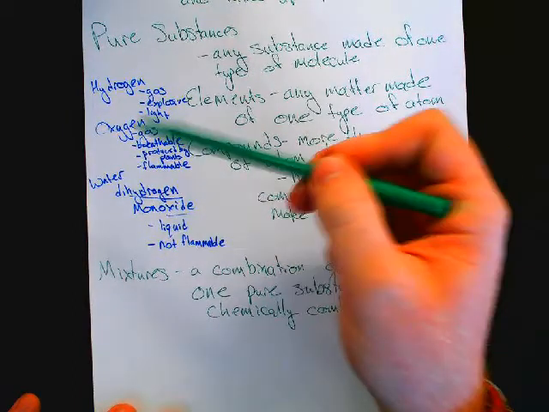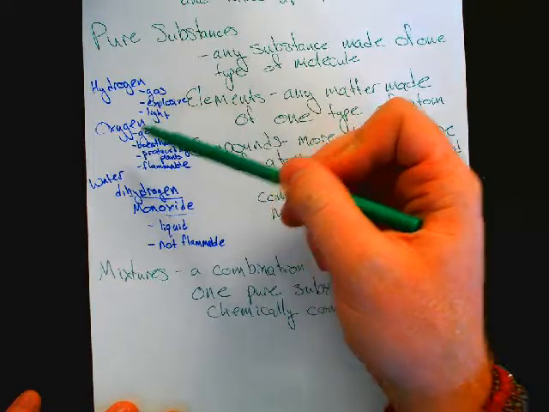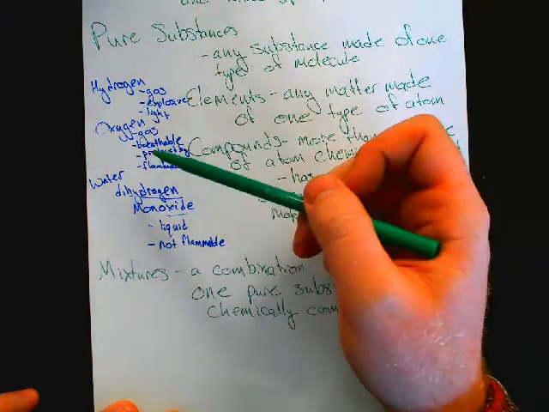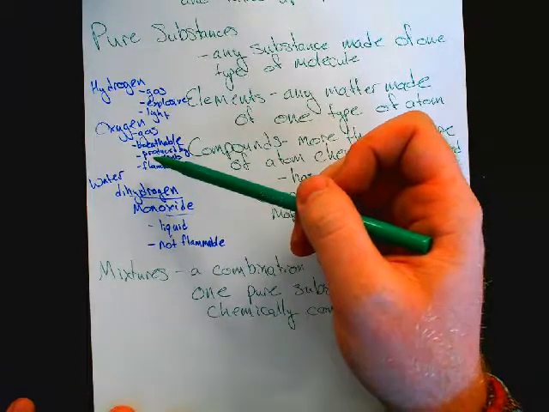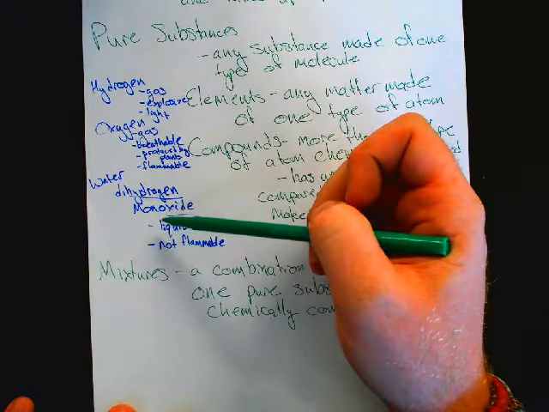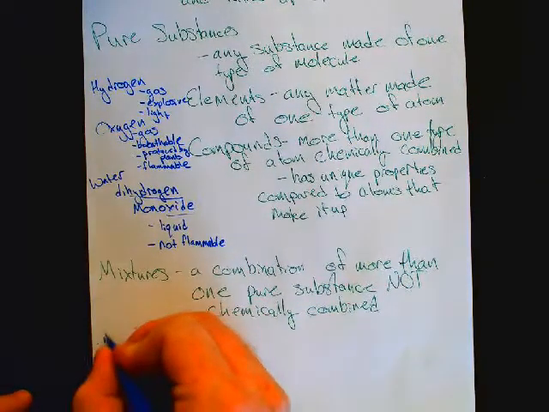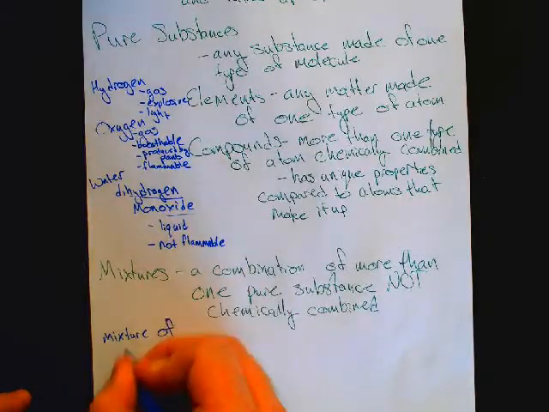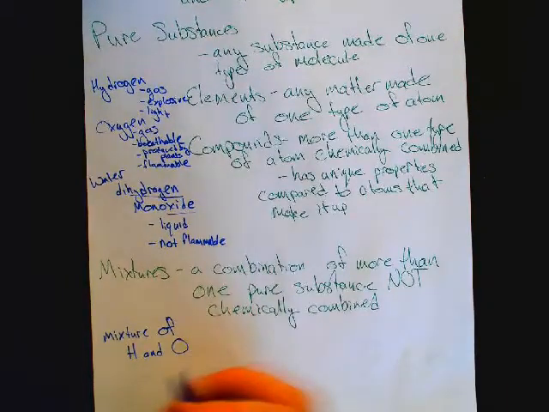However, a mixture of hydrogen and oxygen, since they both contain their original properties, is highly explosive, and therefore causes things like the Hindenburg, if you are familiar with that disaster. Or we can use it as rocket fuel. Okay? So a mixture of hydrogen and oxygen is rocket fuel.